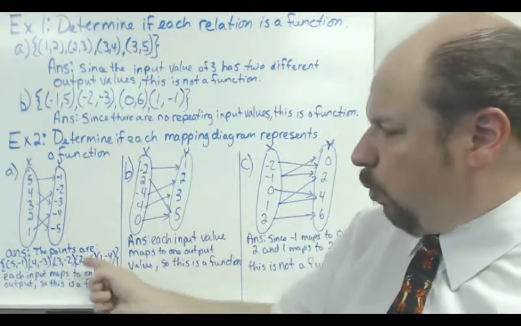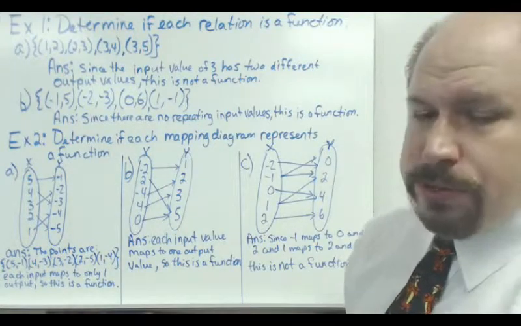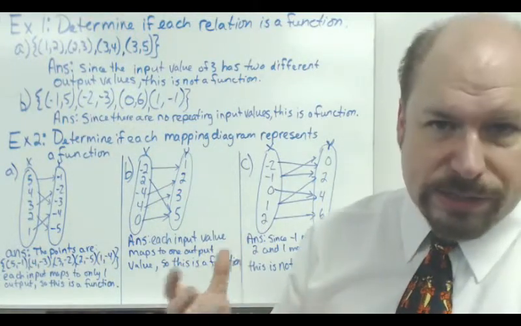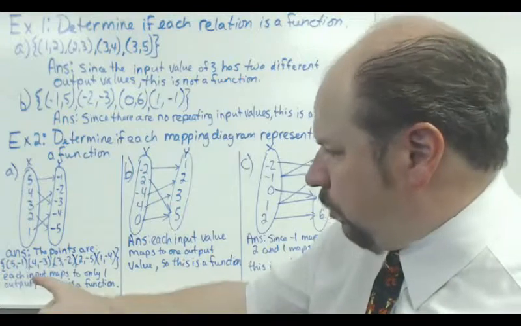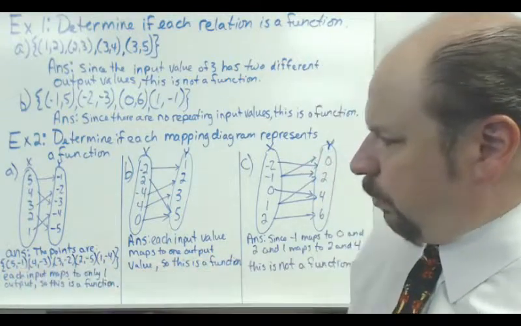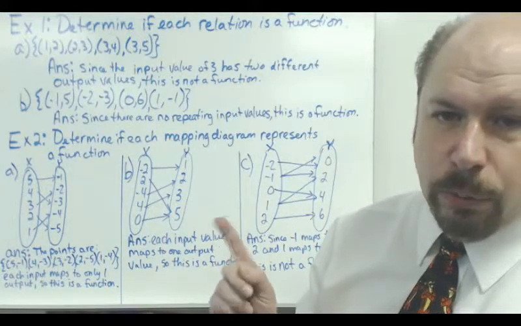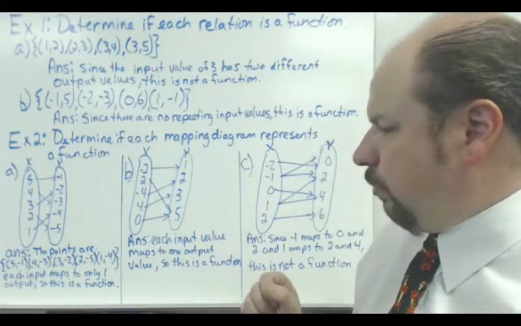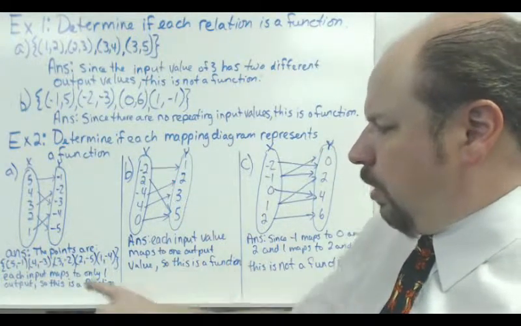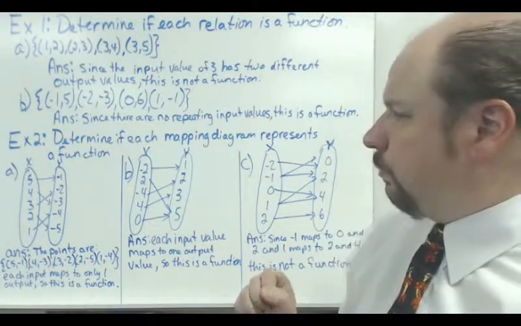So we have a set of points just like up above. What we have to look for is, do we have any x's that are repeating? Notice we don't have any repeated x values, so each input maps to exactly one output value. This particular one is a function.